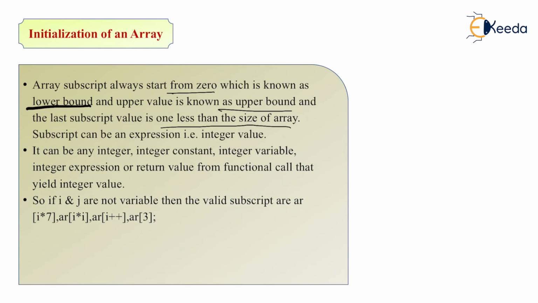So if i and j are variables, then the valid subscripts are ar[i*7], ar[i*j], ar[i++] and ar[3].